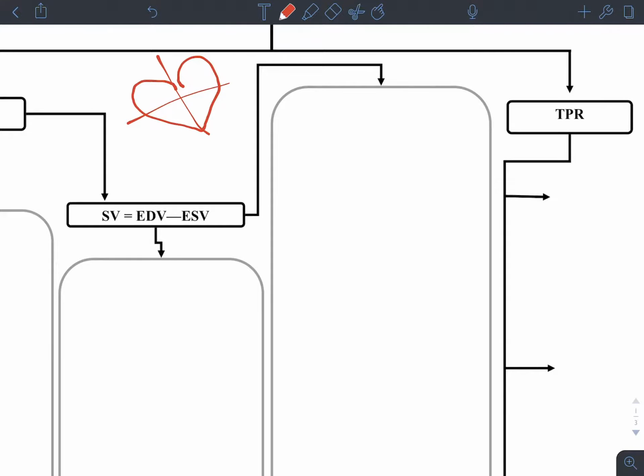So after we have contracted the heart, most of the blood has already been pushed out past the semilunar valve, and now we're thinking about the leftover that remains. We're always going to have a little bit left over, but sometimes we might have too much, sometimes we might not have enough, and so we can have factors that affect end systolic volume.